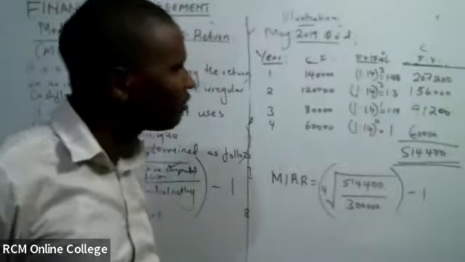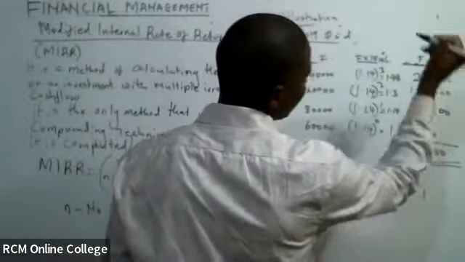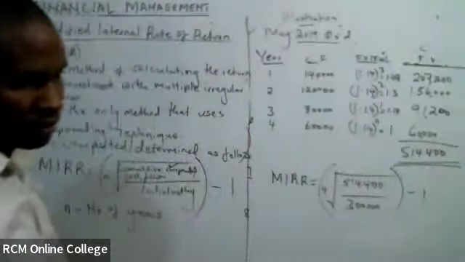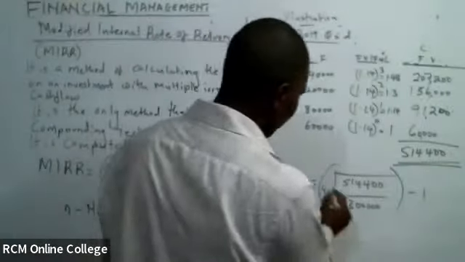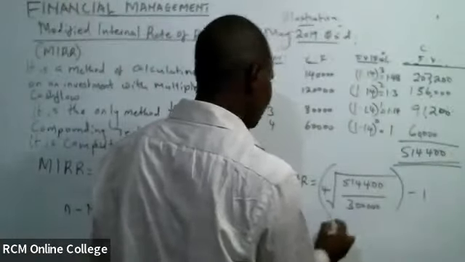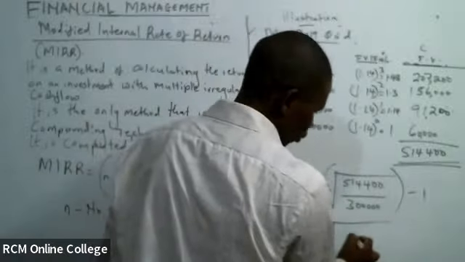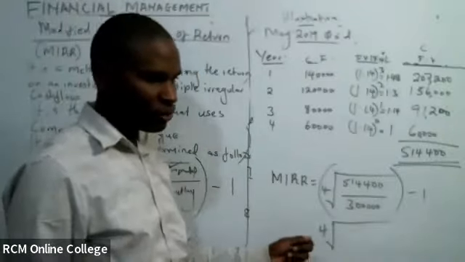Just add vizuri. Hii ni 207. Hiyo already 156,000. Hii ni 91. Ongeza tu vizuri hapo. Haya, tuko hapa sasa. How much are we getting hapo ndani? Hapa ndani kwanza. So that tukue na 4 root of something small hapa ndani. Hapo ndani. It's 514,400.